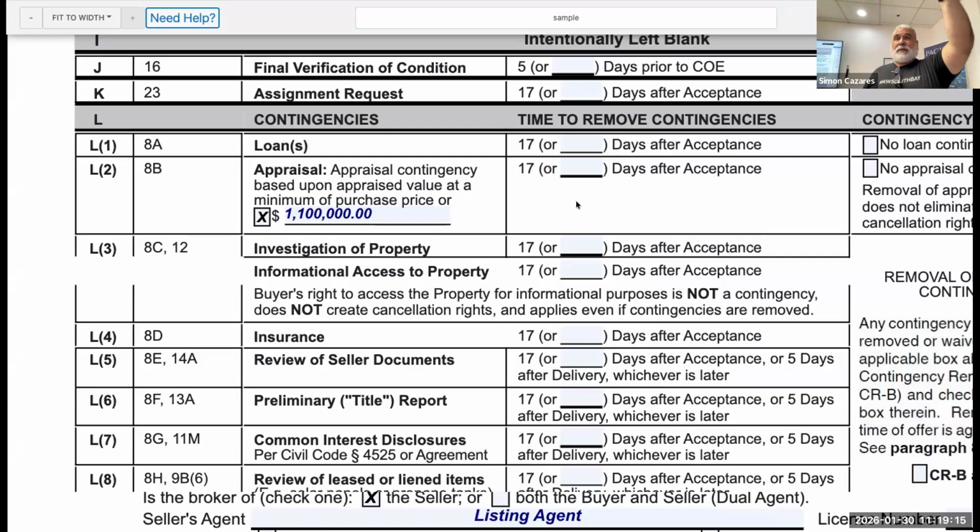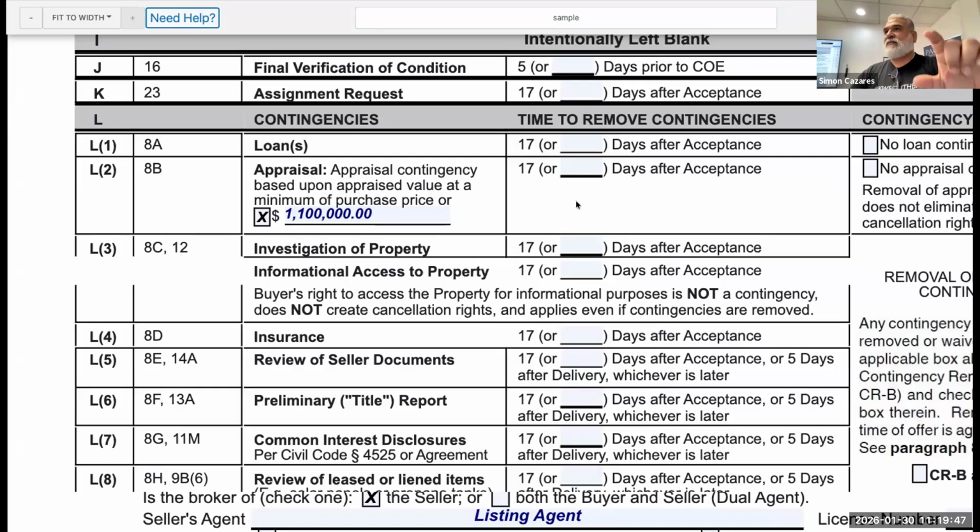The amount that you're willing to pay and the amount that you're also willing to pay if the appraisal does not come in to the 1,150,000. In this case, I put 1,100,000. So what is the buffer here? $50,000.